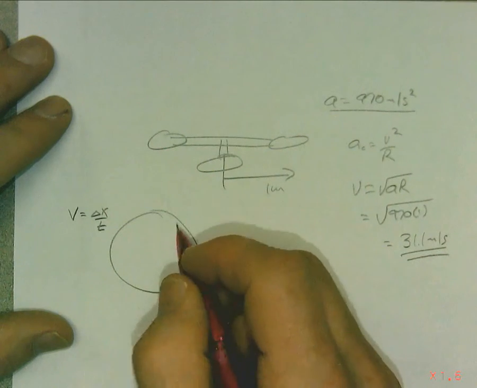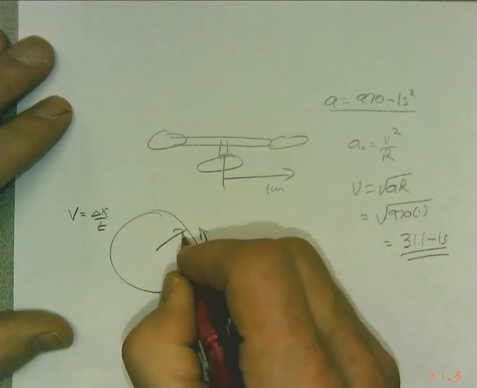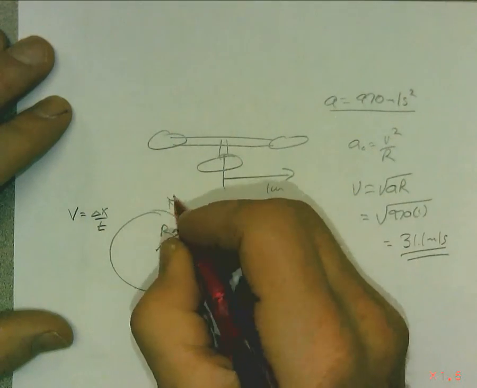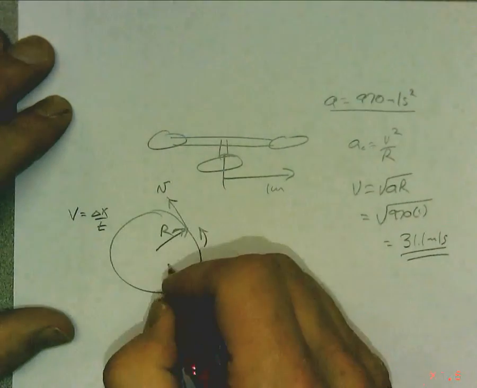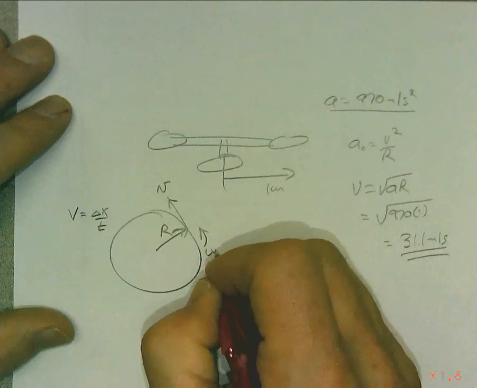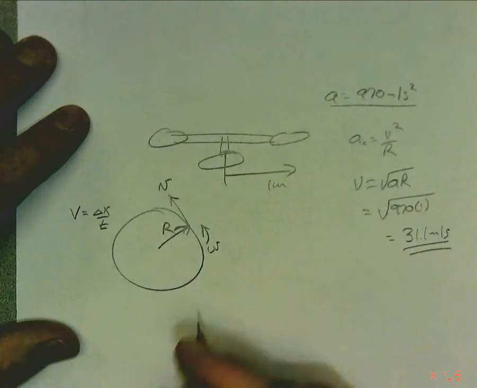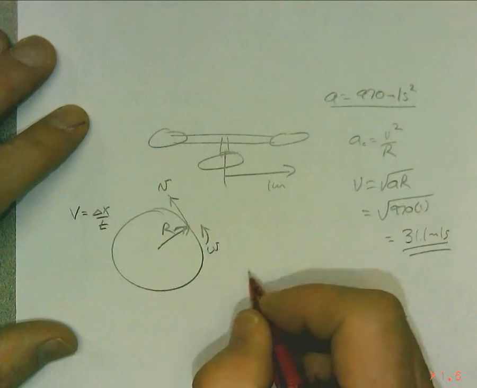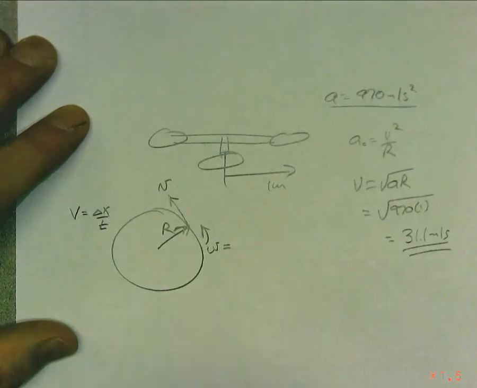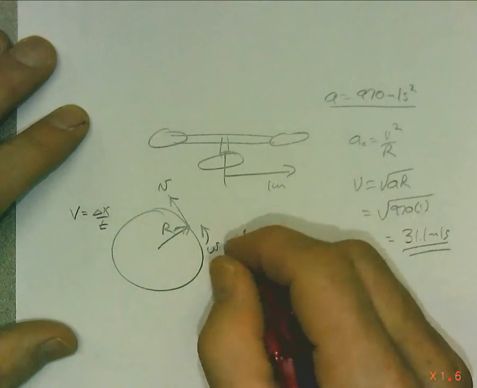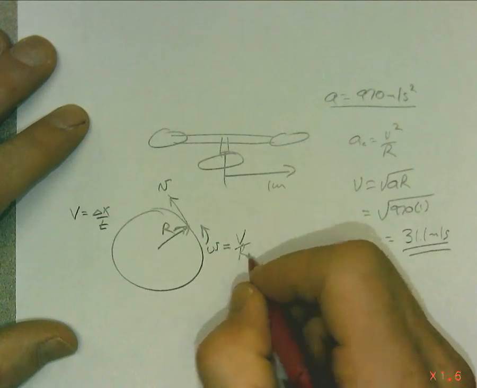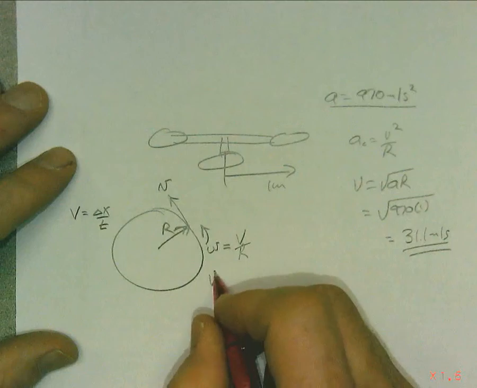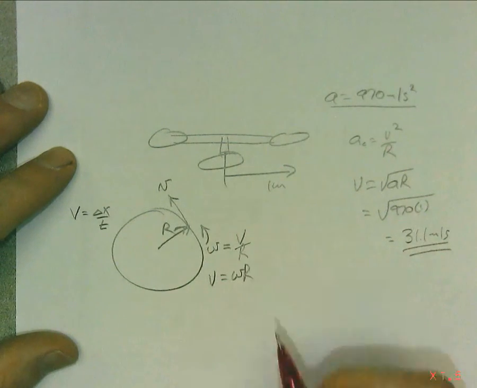If we have an object moving in a circle, radius r, and it's moving at speed v, there's an angular velocity omega, and it relates to the radius simply as follows, namely that omega is equal to v over r. So another way to think about that is v is equal to omega r.